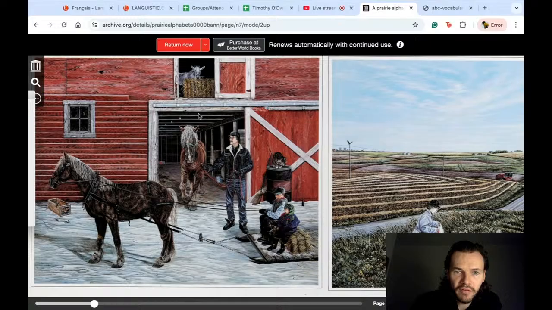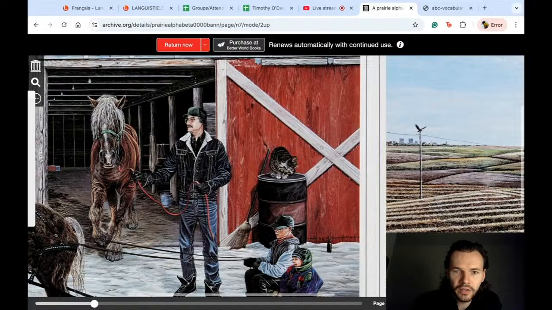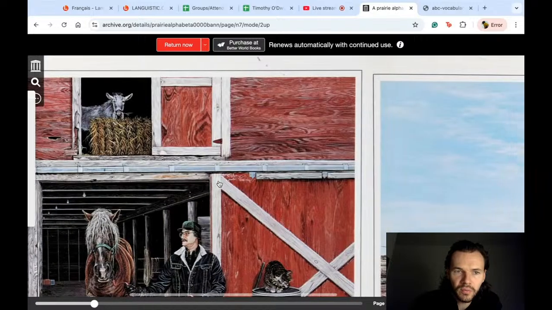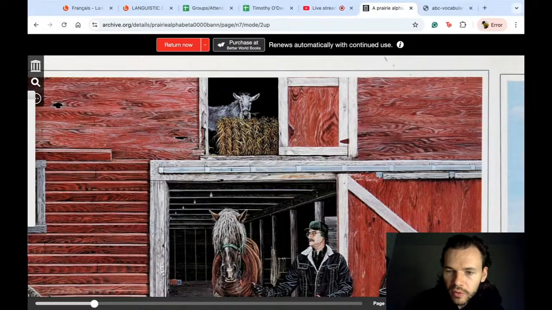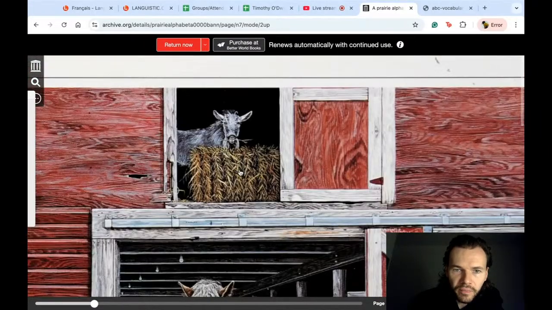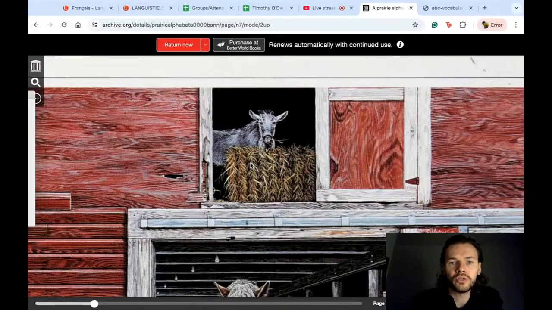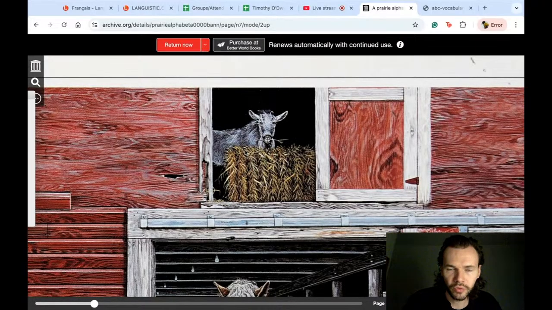We also have another animal right here. Let's get a closer look. Okay, so this is a goat.